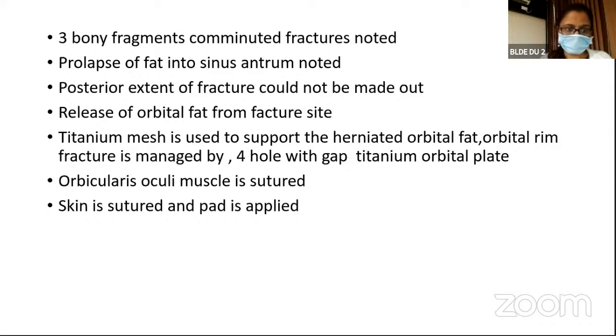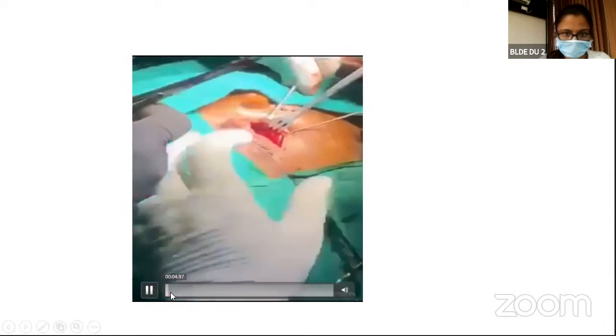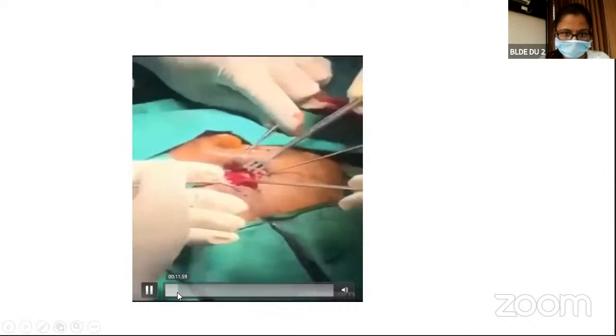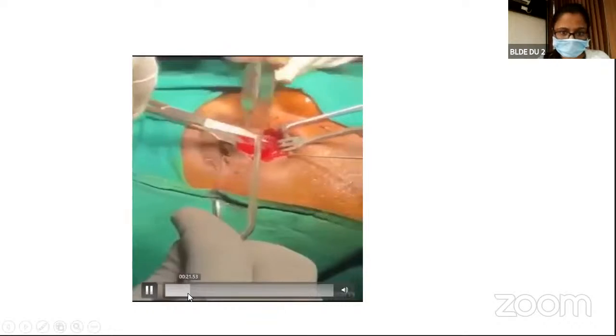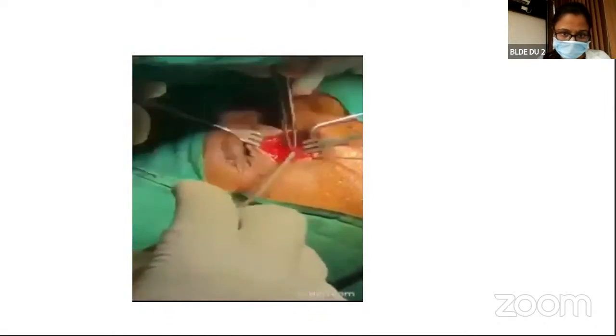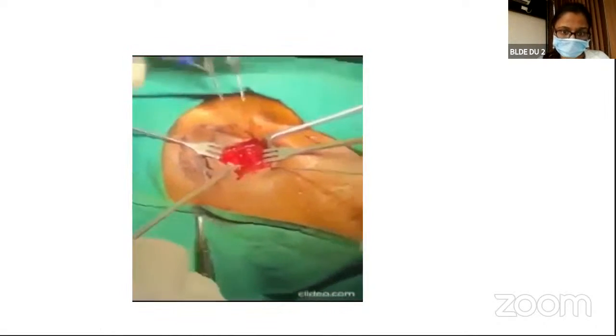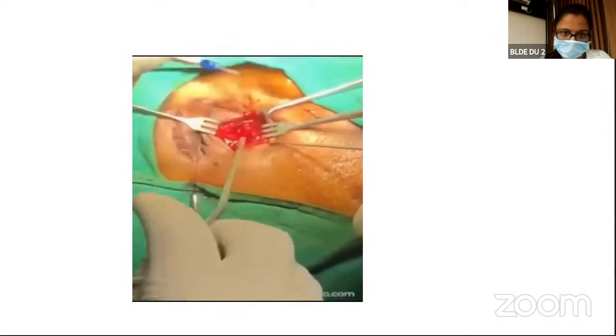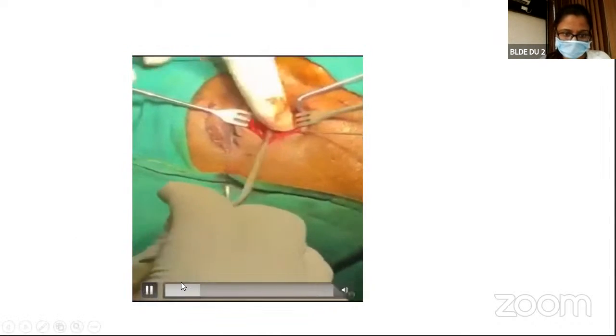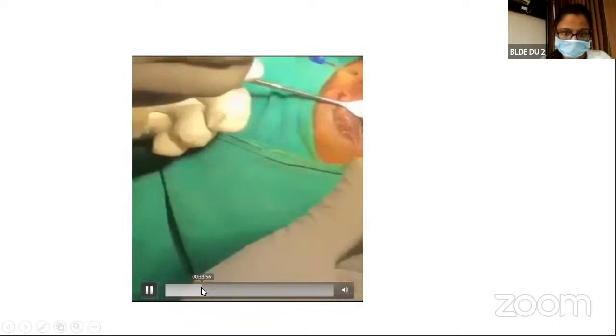Following it, the orbicularis oculi muscle was sutured, and then the skin was sutured and pad was applied. This is the video. Following incision, orbicularis oculi muscle was given an incision, and then inferior orbital rim comminuted fracture was noted.